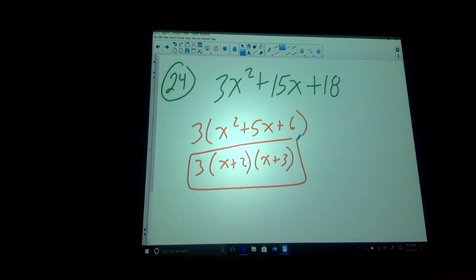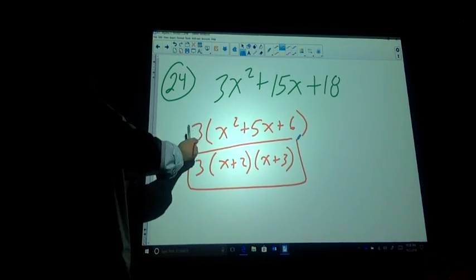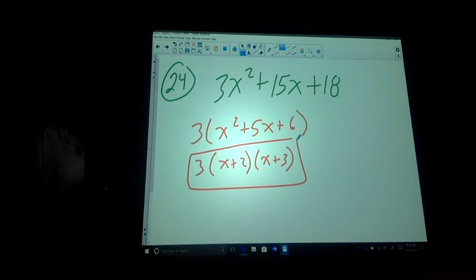Wouldn't it be like a parenthesis 3x plus 9, another parenthesis with x plus 2? So, did you factor the 3 out first on these?